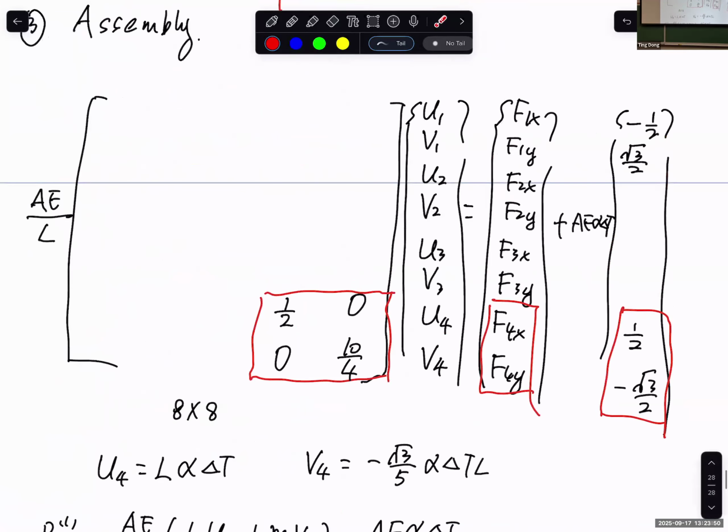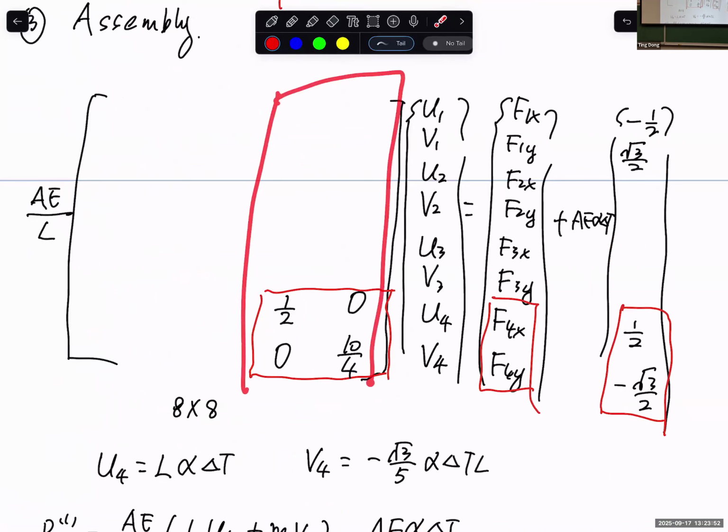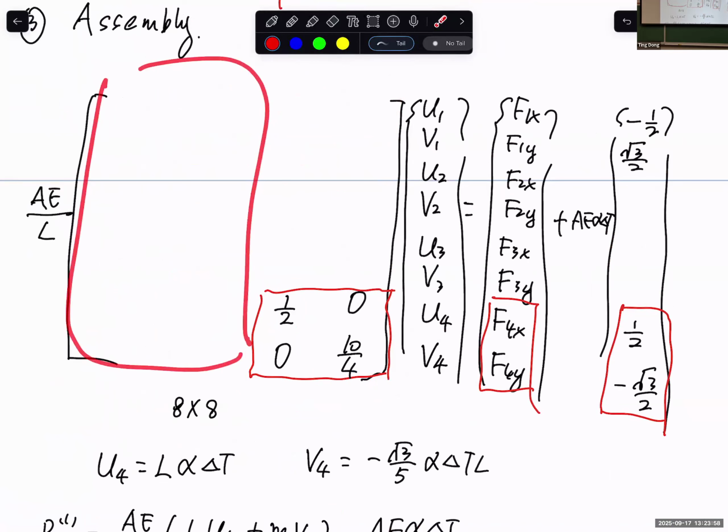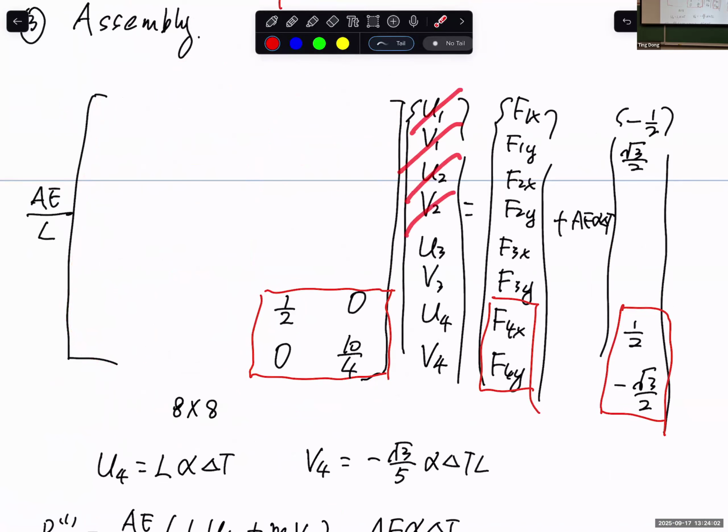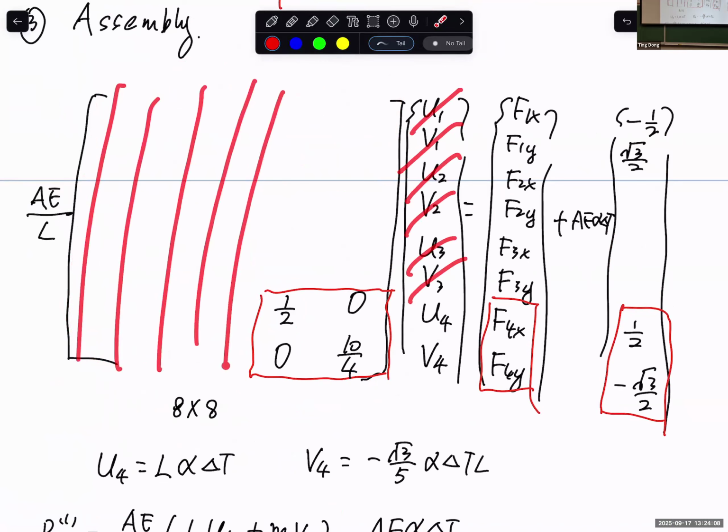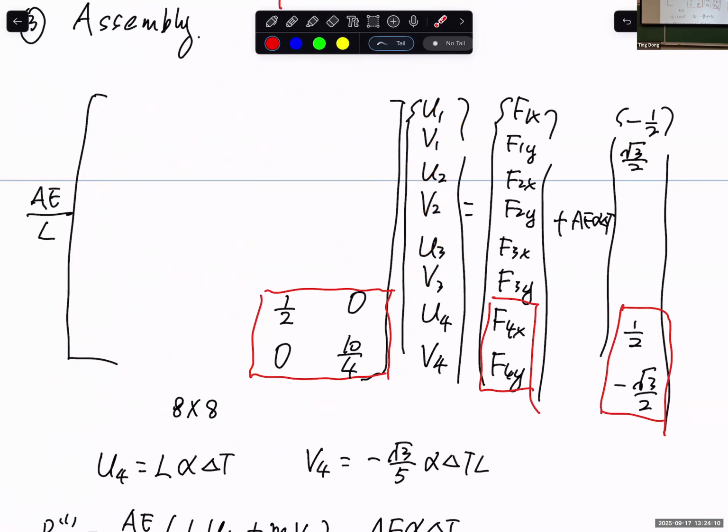So basically, you do not need to put all the 8 by 8 matrix here, because again, 0, 0, 0, 0, 0, 0. Right? The first 6 columns don't matter, because anything multiplied by 0, we don't care. So you need to write the complete 2 columns in our 8 by 8 matrix and times.